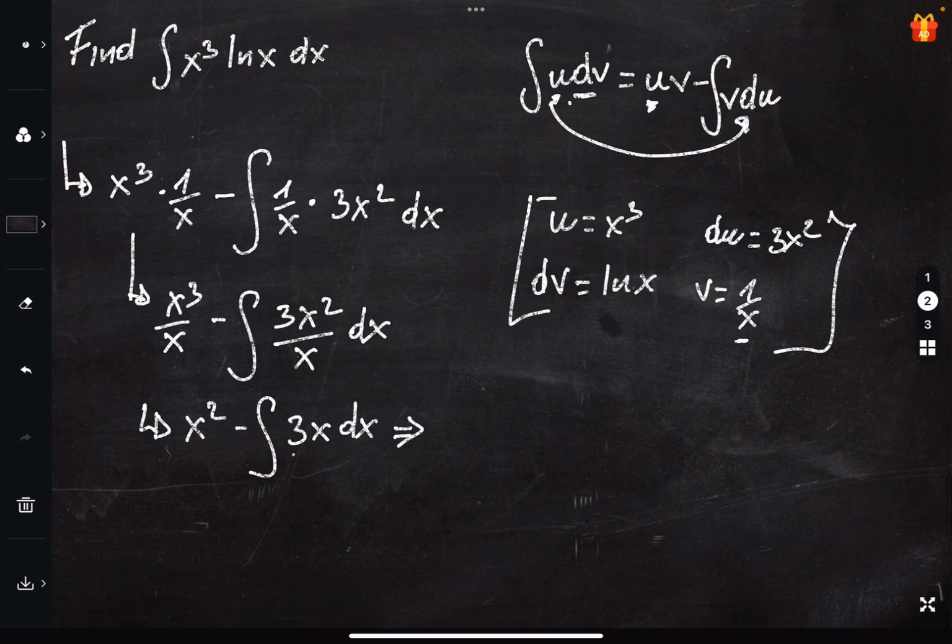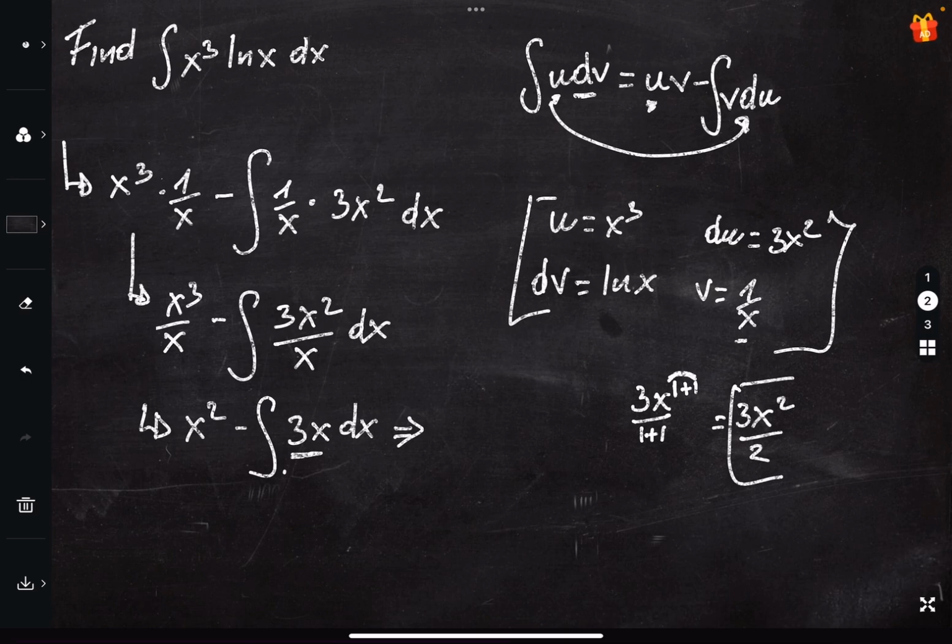So what is the antiderivative, or the integral in this case, of 3x? That is easy. 3x is 3x to the power of 1. If I take the antiderivative, going backward, I add 1 to the power and divide by the new power, so I end up with 3x squared over 2.